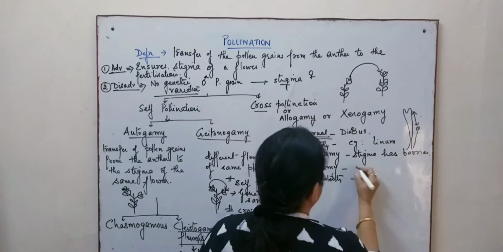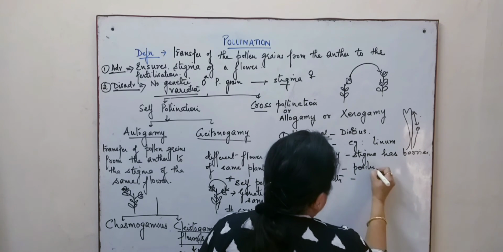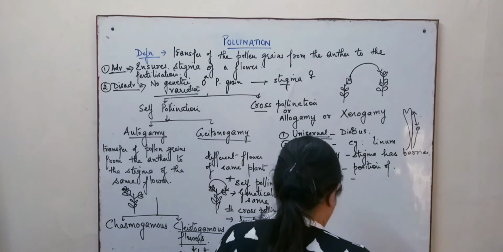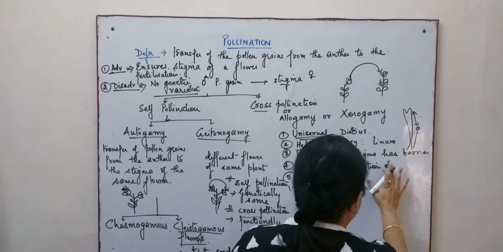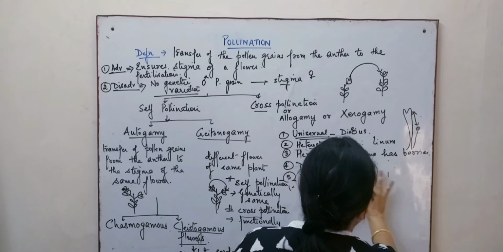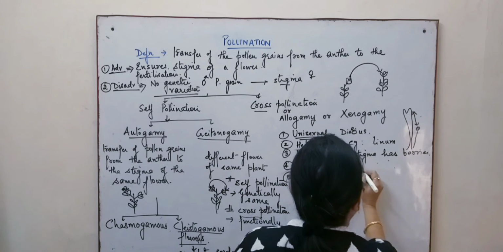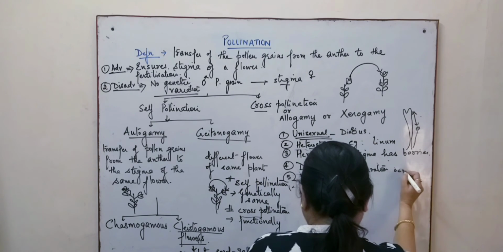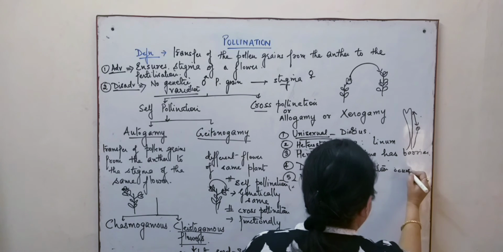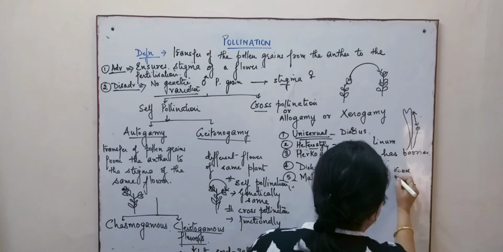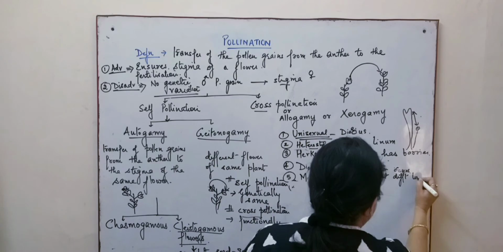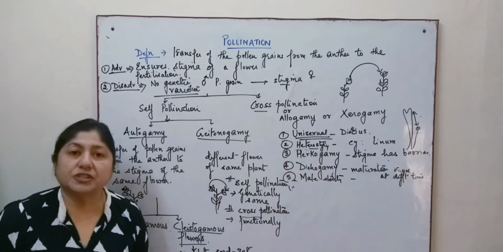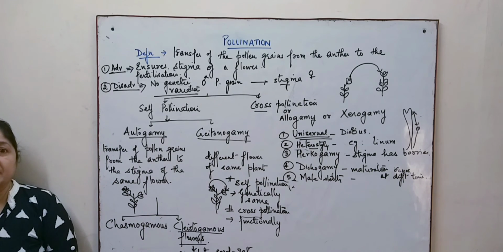Then dichogamy is the position of the stamen, in which the maturation takes place at different times.